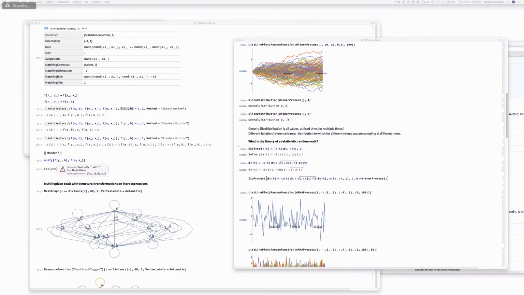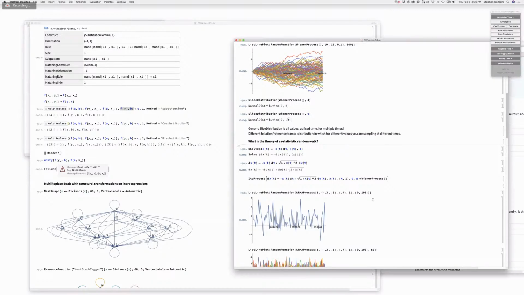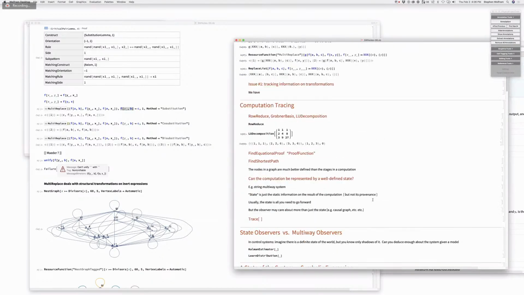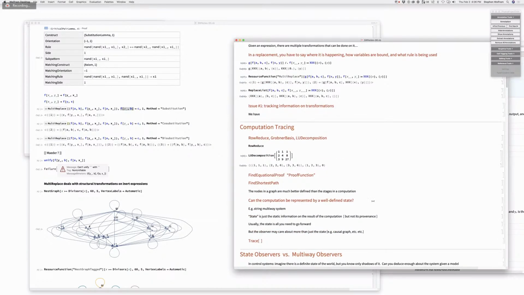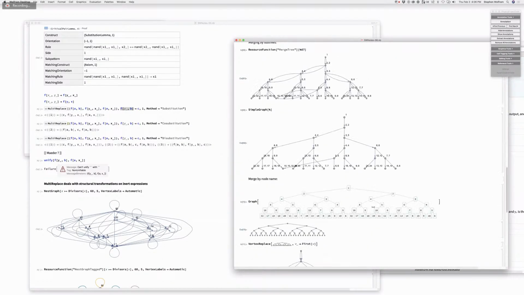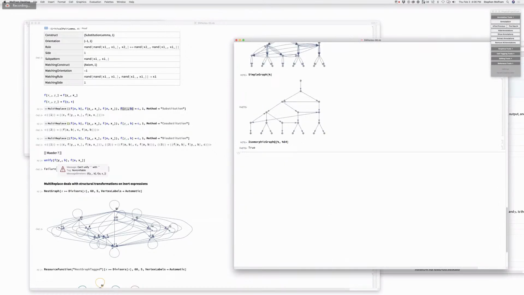Okay, well, the user-defined strategy language. What is the strategy for applying rules? Because that's one of the big questions, right? The big question is which rule to apply when.